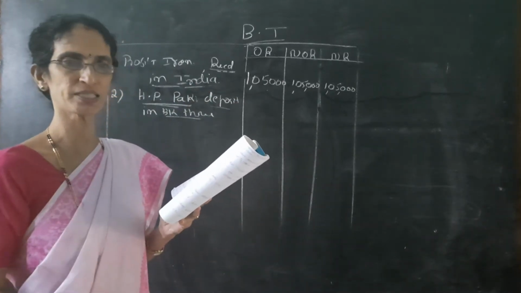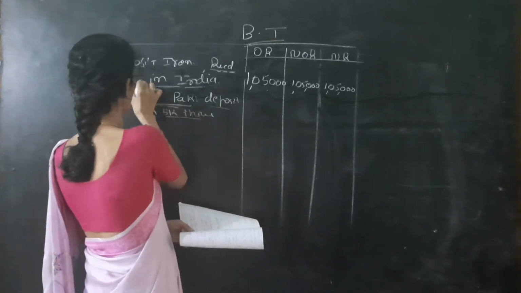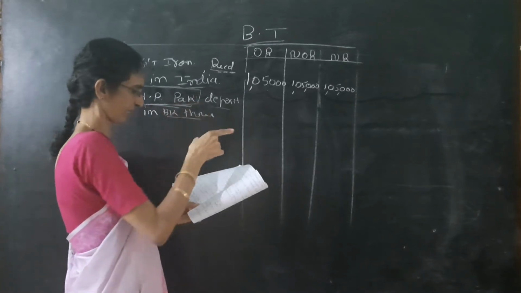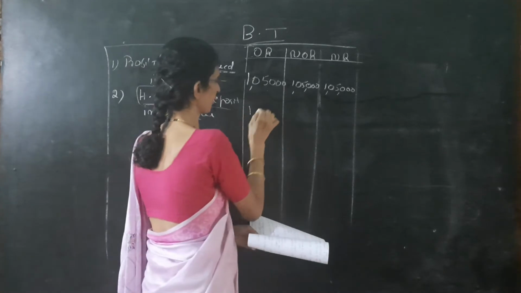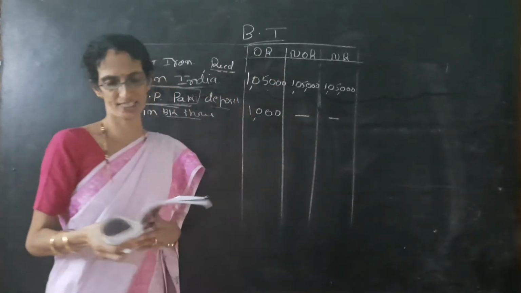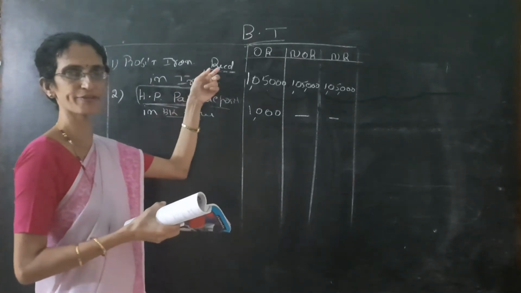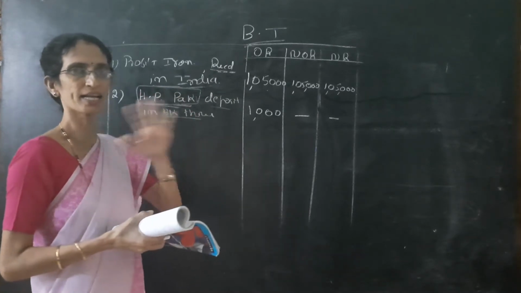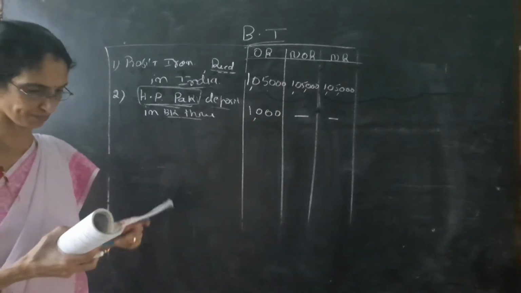Even if it is deposited in a bank here in India, we take only this much. The foreign income is taxable in one column, the amount given is 1,000. So put dash in the others. Only if it says received in India will it have an effect. Just a deposit does not affect any entry.